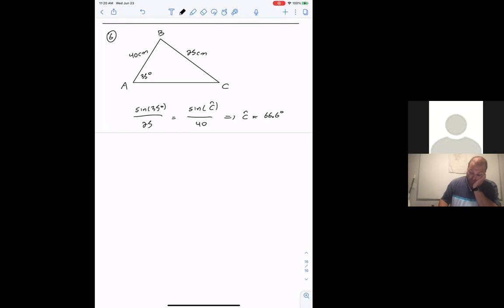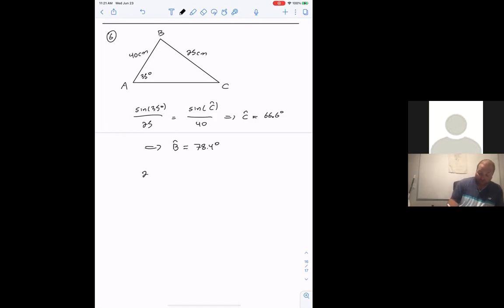That seems reasonable. Once I have A and C, I can add them to get B: 35 plus that angle, subtract it from 180. That tells me that angle B is approximately 78.4 degrees, which is the biggest of the three angles, which means the side opposite it should be the longest side.